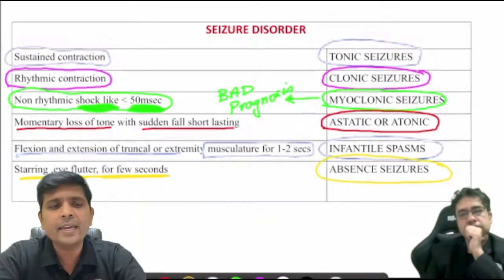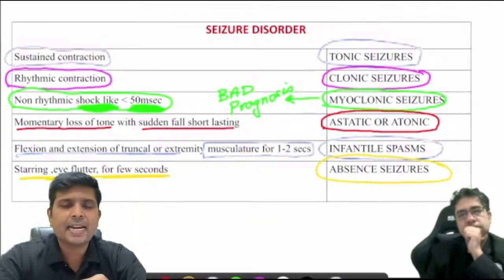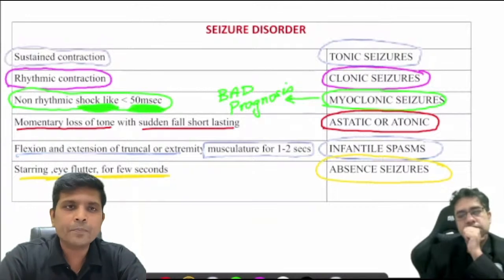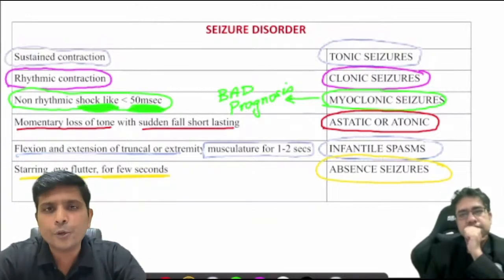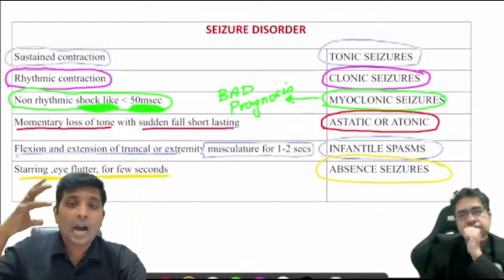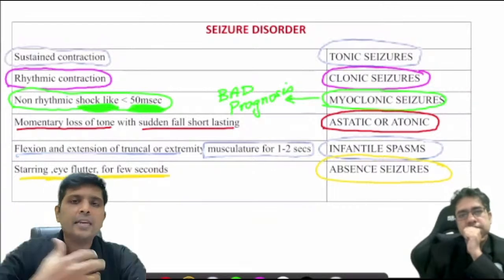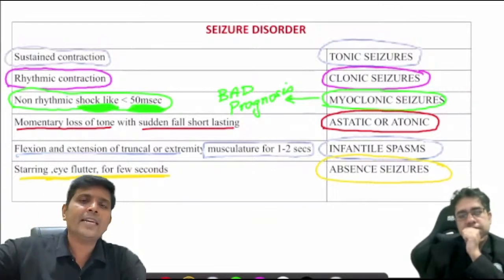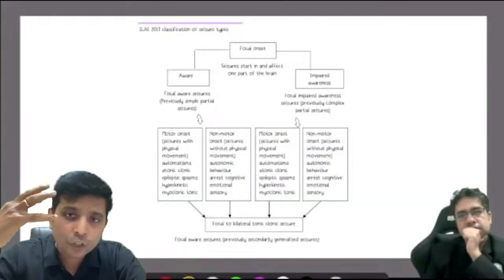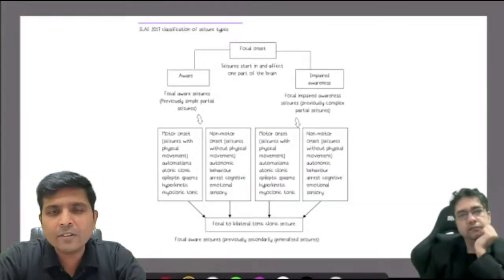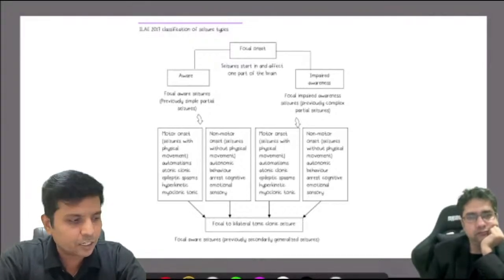Mother or father may say, suddenly she is staring, suddenly she is blinking. And when you are examining, you might not witness that episode. But when you ask the child to hyperventilate, it will be obviously manifested not only in EEG, but also clinically. I repeat, among all the seizures, the one which is going to produce a problem is myoclonic seizures.